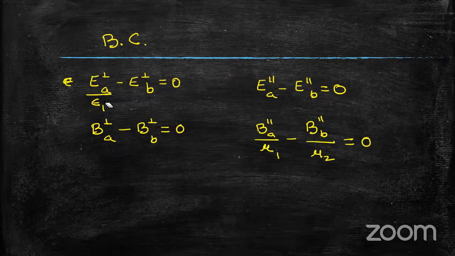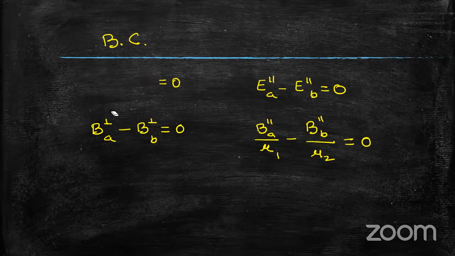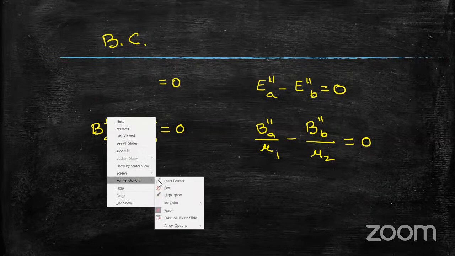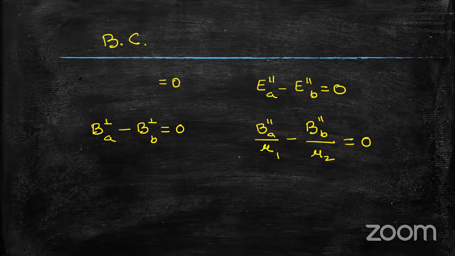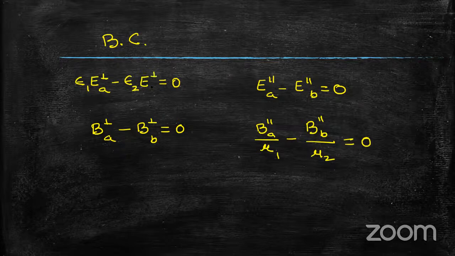It should be multiplication, so let me write the equation again. Epsilon 1 E perpendicular above minus epsilon 2 E perpendicular below. The reason I am writing epsilon 1 and epsilon 2 is because on both sides of the boundary epsilon will be different, and the same thing for mu also. So we got our boundary conditions.